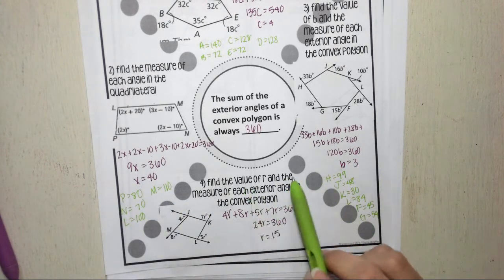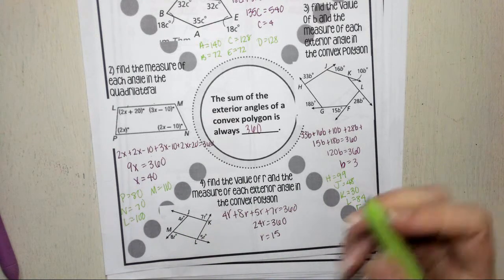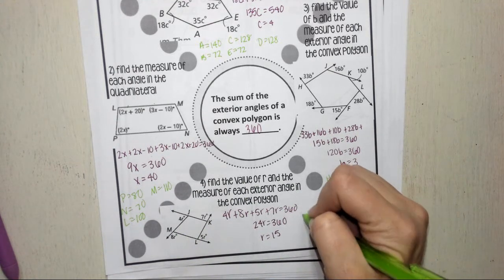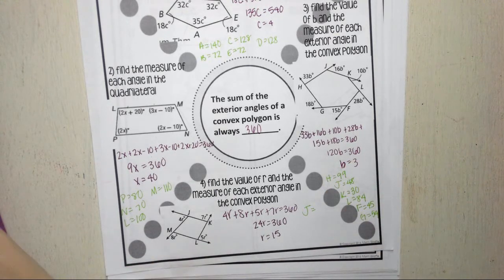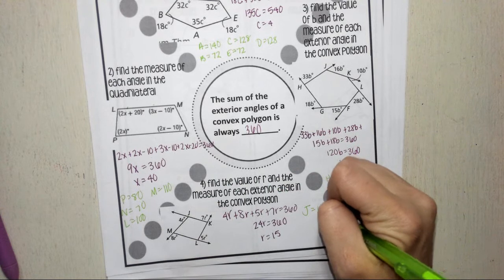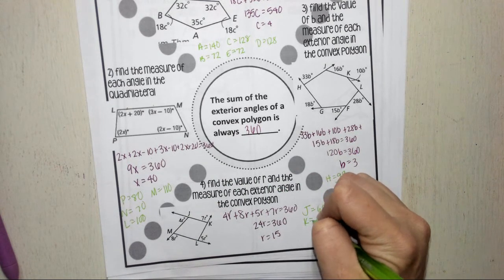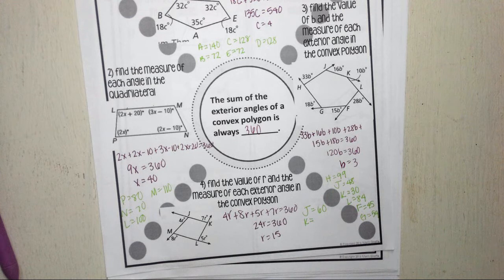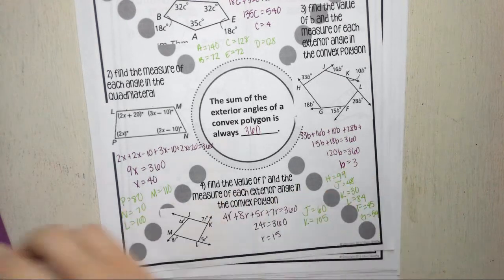Alright, it says find the value of r and the measure of each angle. So what do we do? We plug r back in. So we do 4 times 15. J is 60. K is 105.